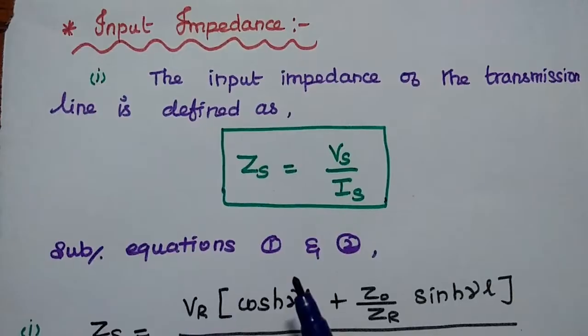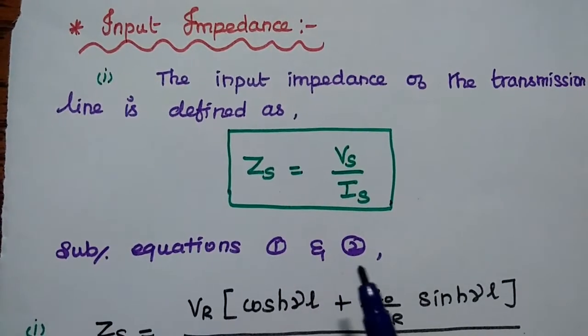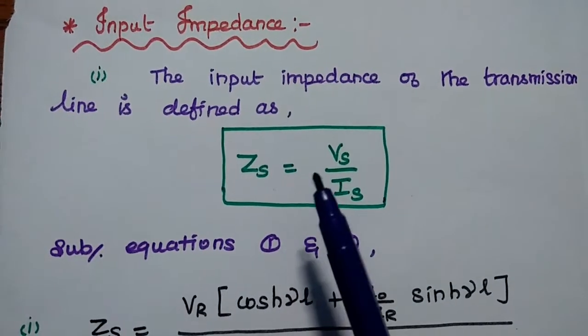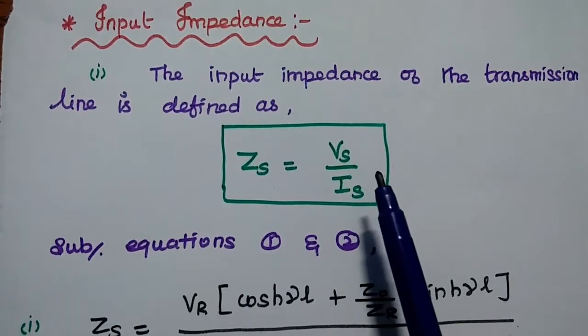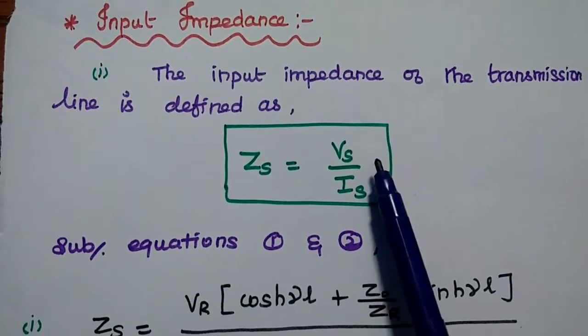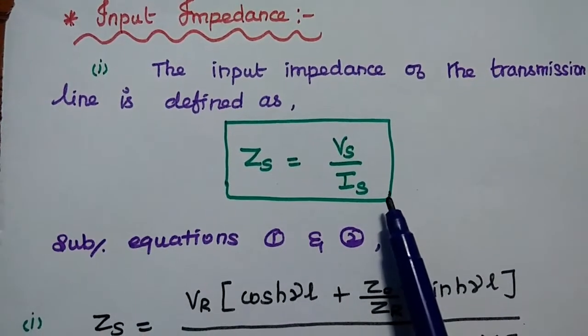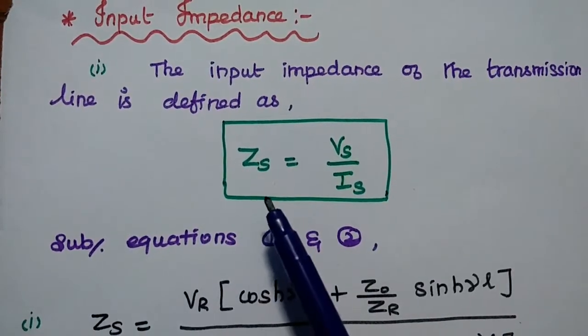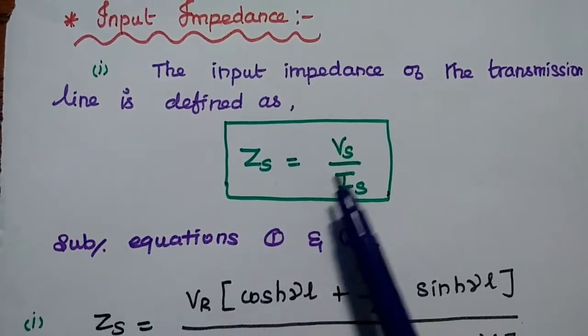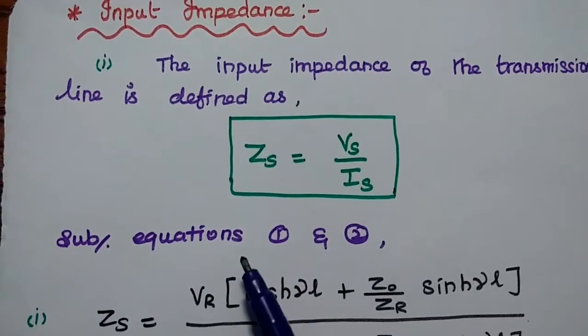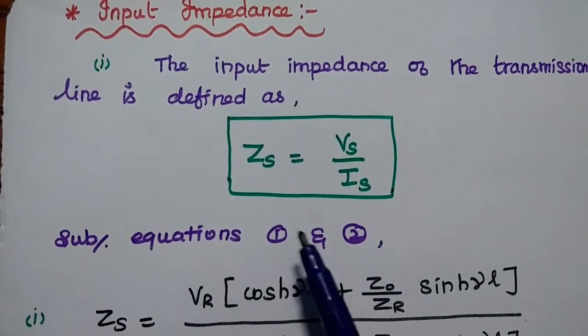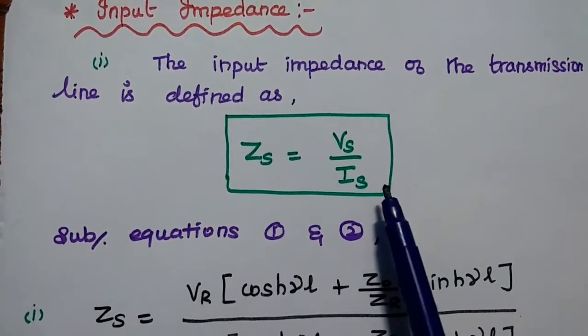Next, we are going to derive the input impedance of the transmission line. It is defined as the ratio of voltage at the sending end to the current at the sending end. It is denoted as Zs. So, Zs is equal to Vs by Is. Now, we are going to substitute equations 1 and 2 in the above equation.